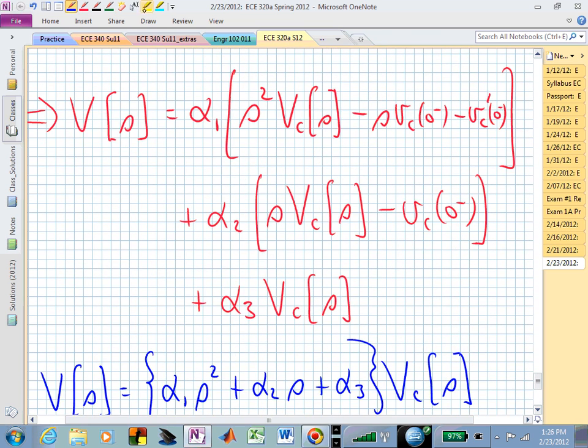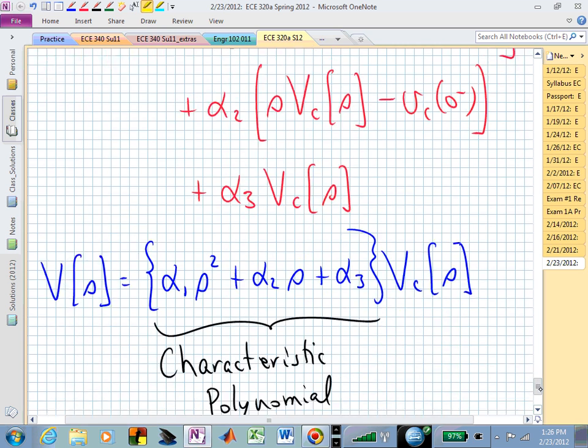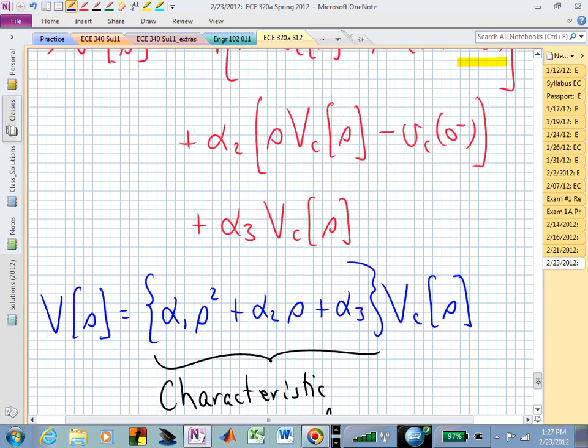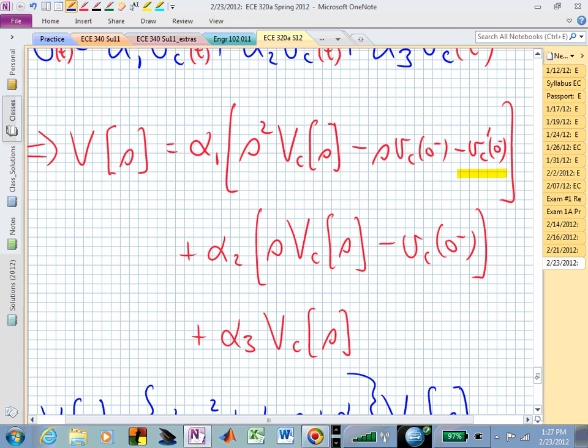I'm looking at this piece right here. And I have another piece that is going to scale v sub c of 0 minus.